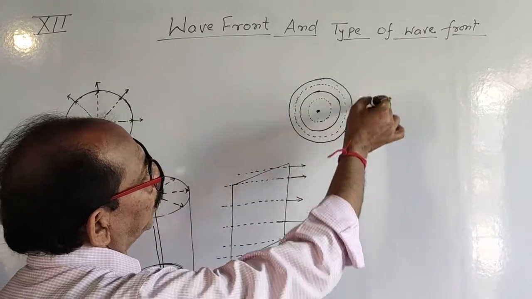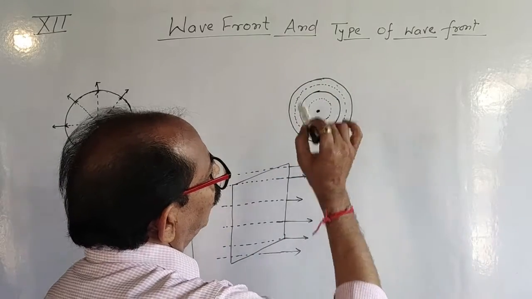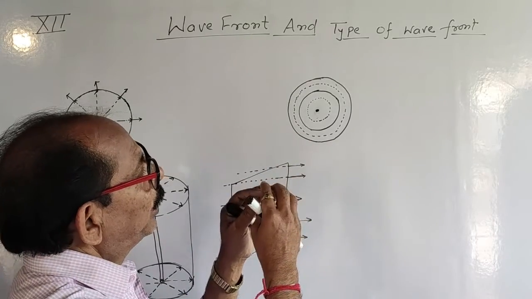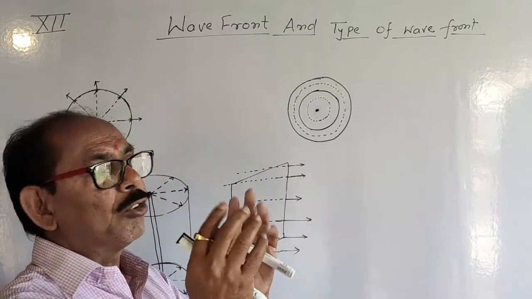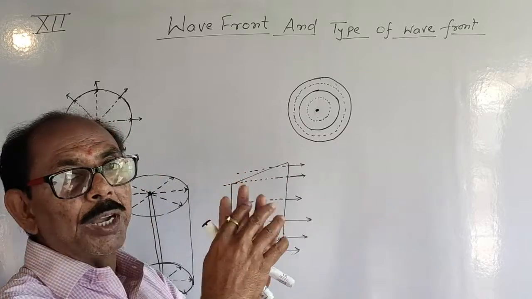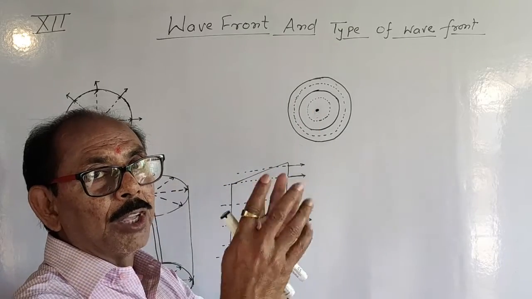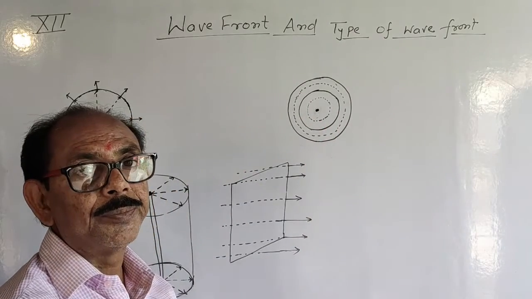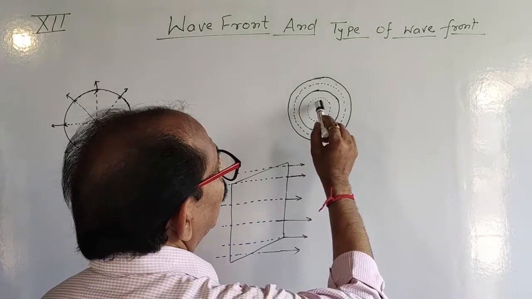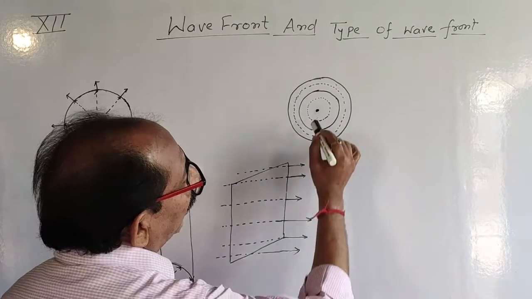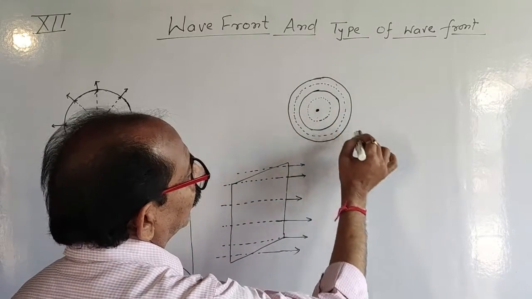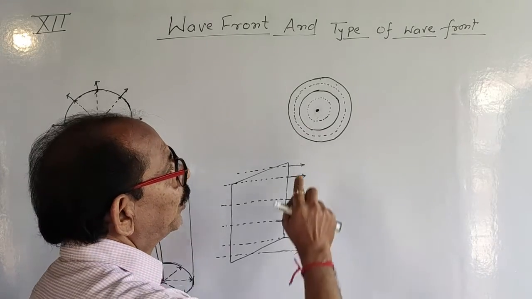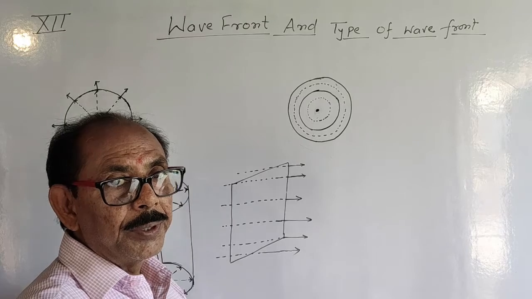Suppose this is a point source of light, from which the light is emitted. The point source throws the disturbance in all possible directions, and the light travels in the medium with the same speed.